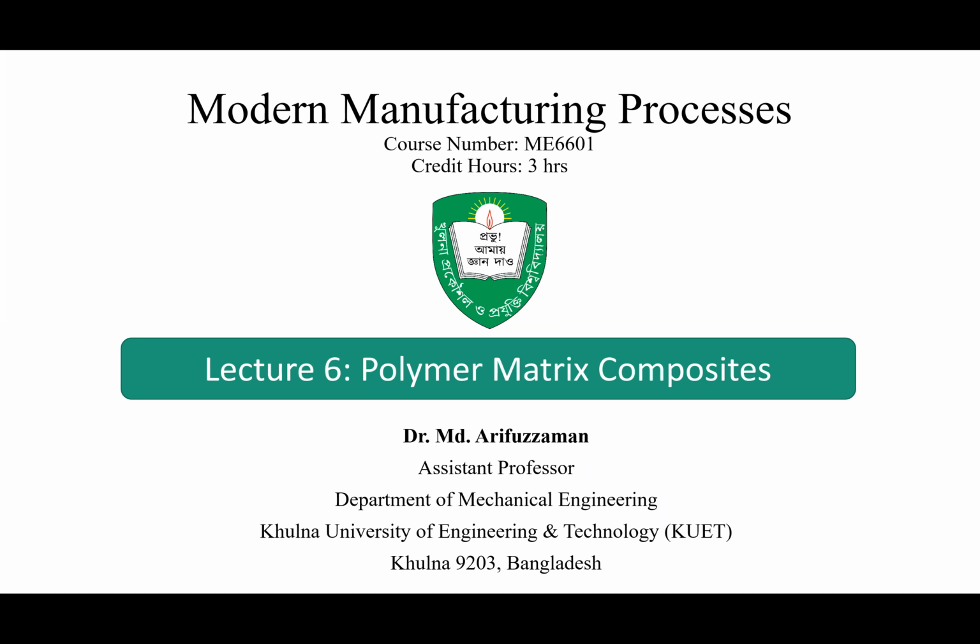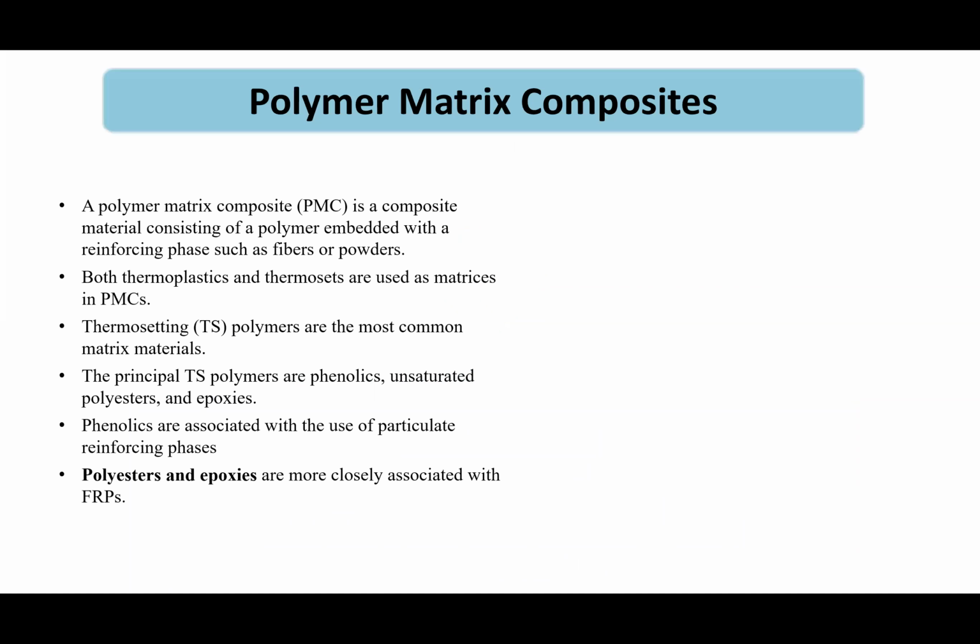So for today's lecture, first, polymer matrix composite. What is polymer matrix composite? First, you have to know what a composite is. Composite actually consists of two or more materials embedded together, but the properties of the individual materials will be retained at the same time.